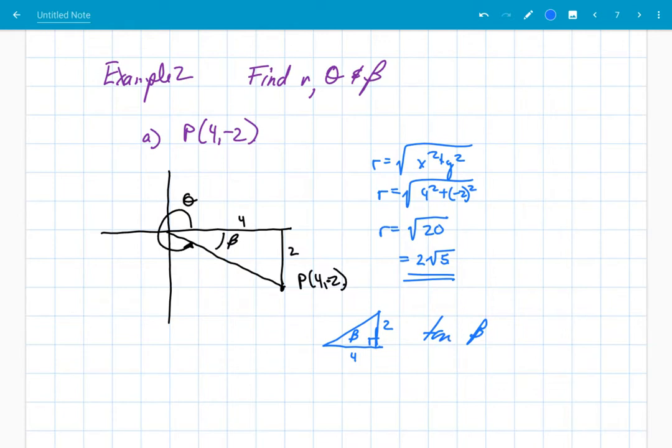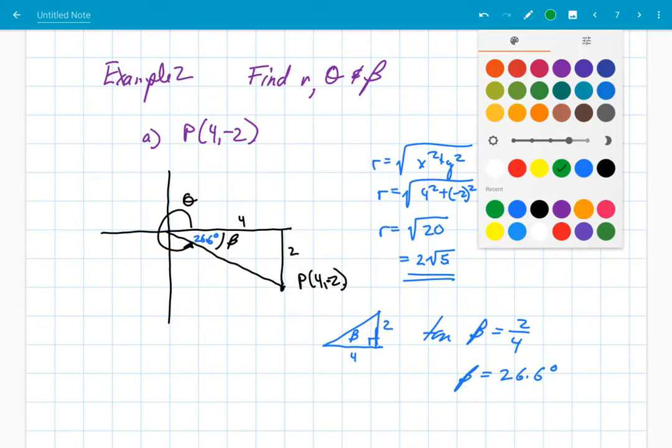Tan of beta is y over x, 2 over 4. But notice I didn't bother with the negative 2, just treating it like a triangle. And when I do that, I get a beta of 26.6 degrees.